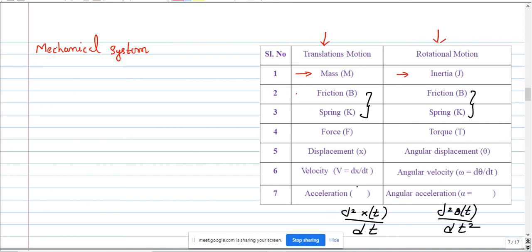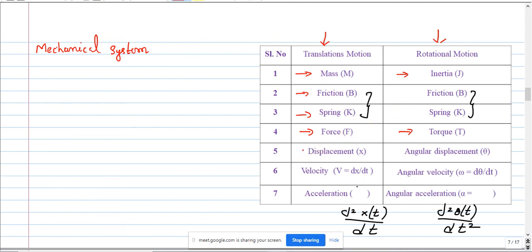As I said, friction and spring behave in the same manner irrespective of the motion, and we measure force in translational and torque in rotational.